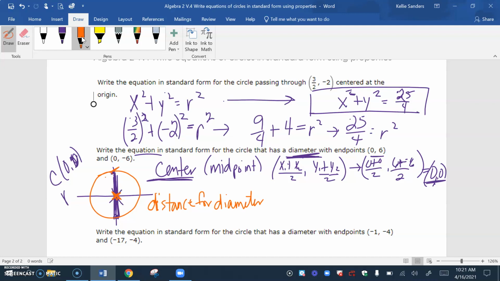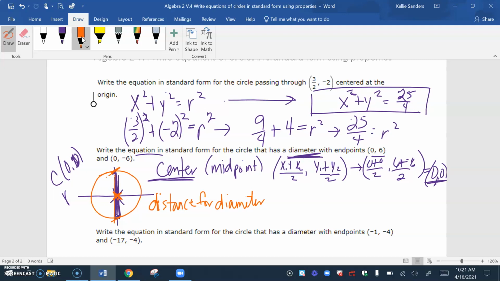Again, this should be fairly obvious. If this is at 6, this is at −6, then it's 12. But if we don't know that, we're going to use the distance formula. The square root of (x2 − x1)² + (y2 − y1)².